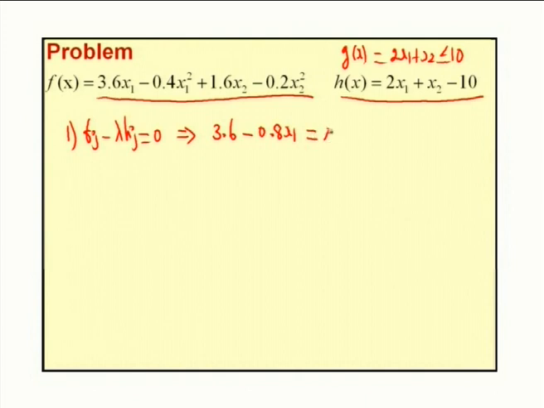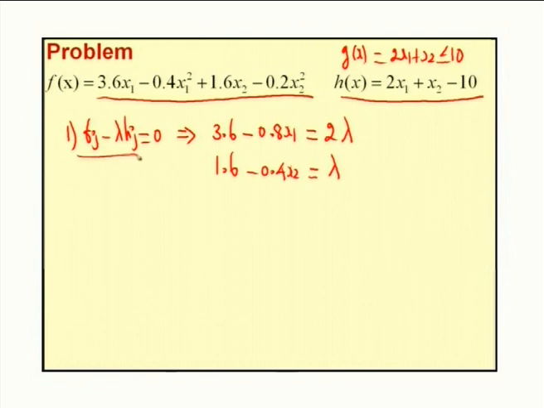Lambda into the derivative of h of x with respect to x 1, which is 2, so we have 2 lambda. Then the partial derivative of this function with respect to x 2 is 1.6 minus 0.4 x 2 equal to lambda times the derivative of h with respect to x 2, which is 1, so we have lambda.